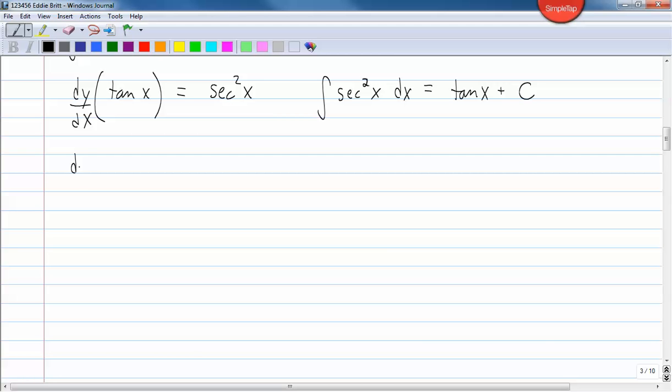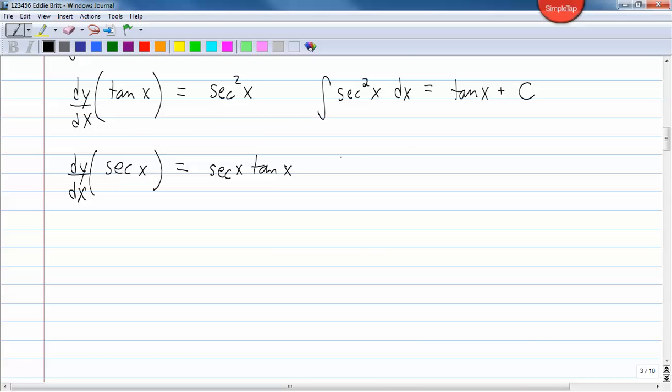Alright, we know that the derivative of say secant x, what is that equal to? That's equal to secant x tangent x.